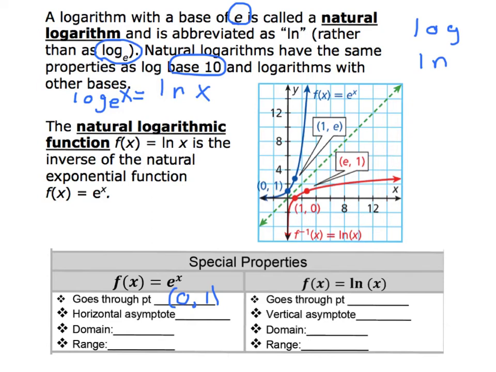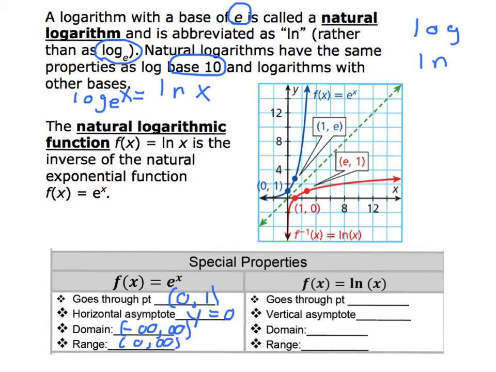Notice that your horizontal asymptote was going to be y equals 0. Notice that your domain for e to the x was negative infinity to positive infinity, and your range, remember, went 0 to infinity.